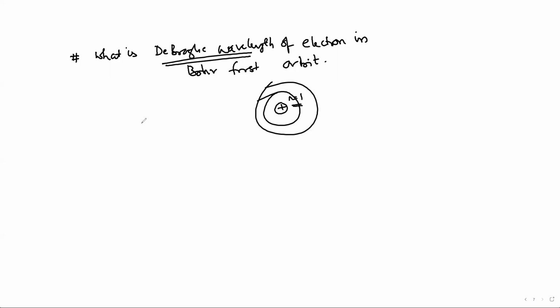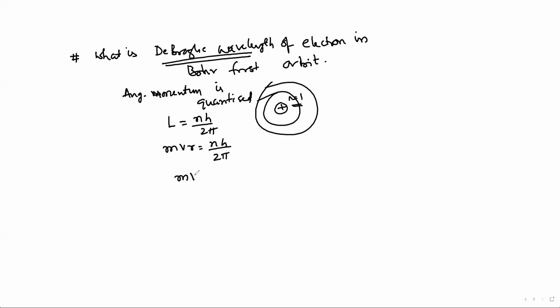According to Bohr's second postulate, angular momentum is quantized. Do you remember this? Angular momentum L equals nh by 2 pi, that is mvr equals nh by 2 pi, or mv equals h by 2 pi r. The value of n equals 1.